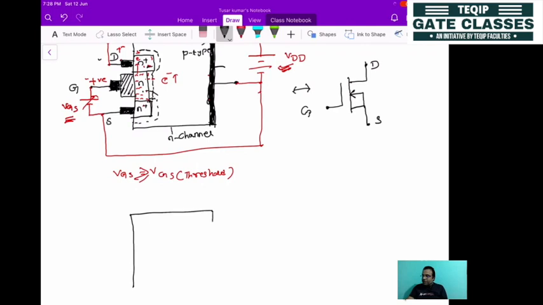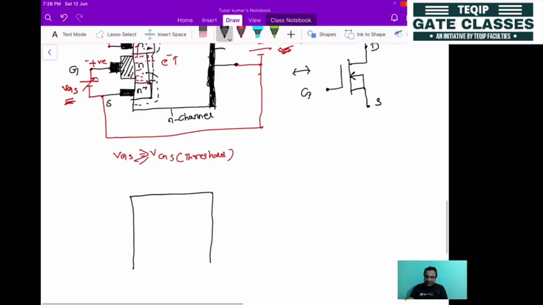Again we will be taking one N type substrate. Here again the same thing, the metallic contact will be there.